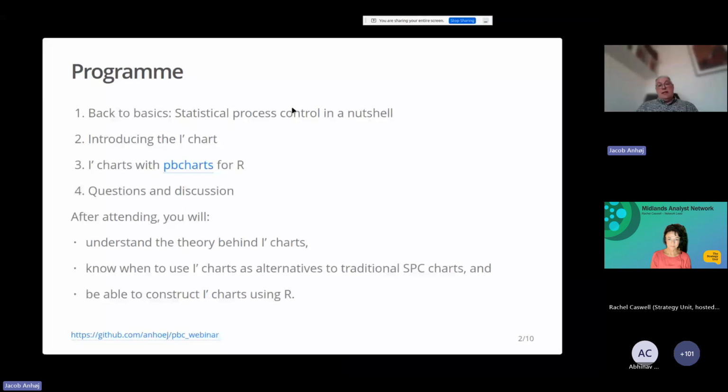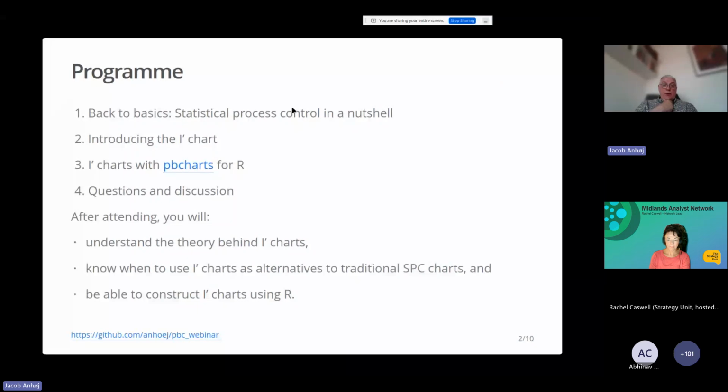But most of the time, I'll demonstrate how to construct I prime charts using an R package called PP charts. It stands for process behavior charts, which I have developed. It's still in early development. You'll find it on GitHub.